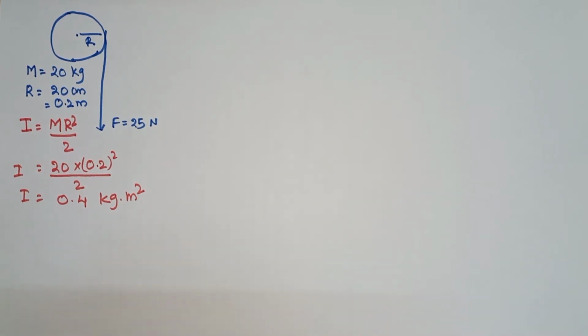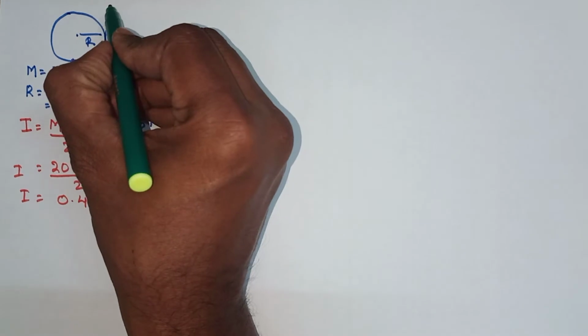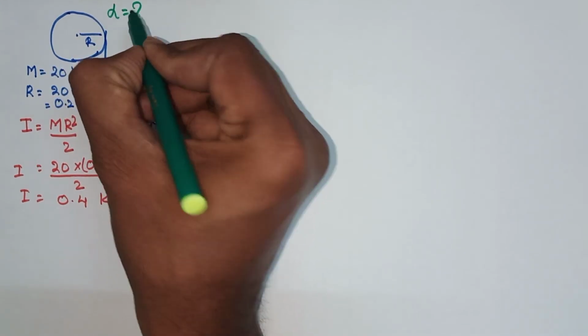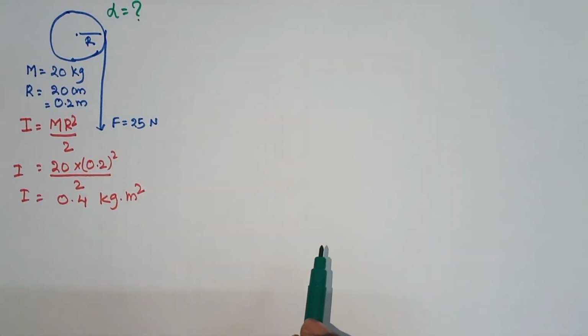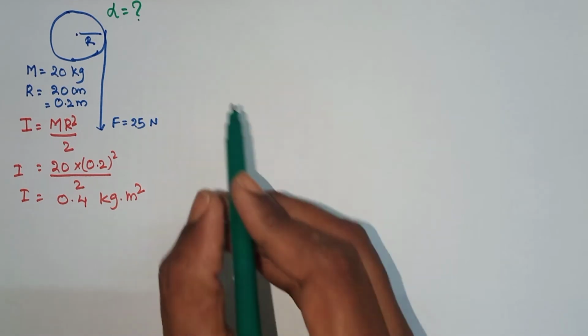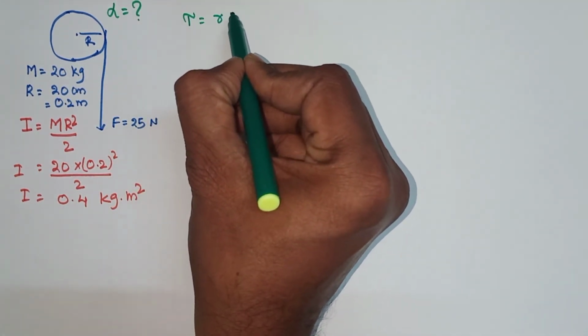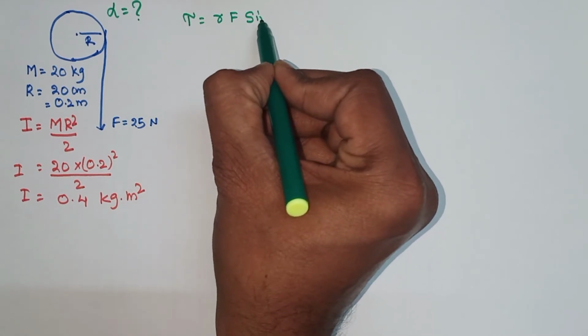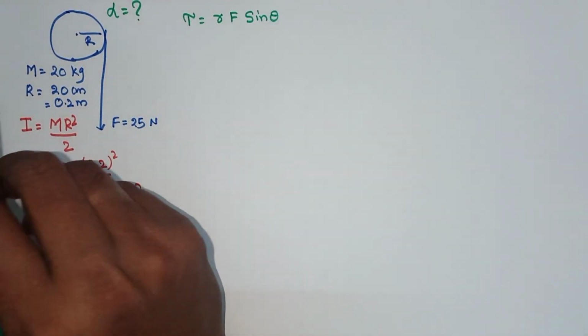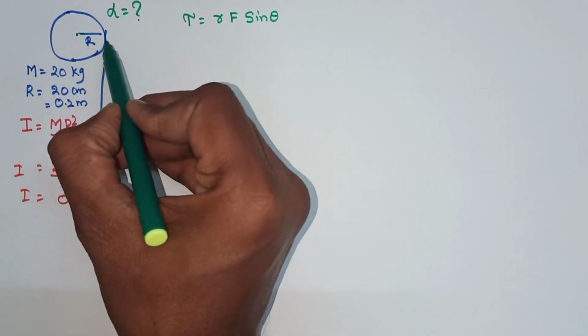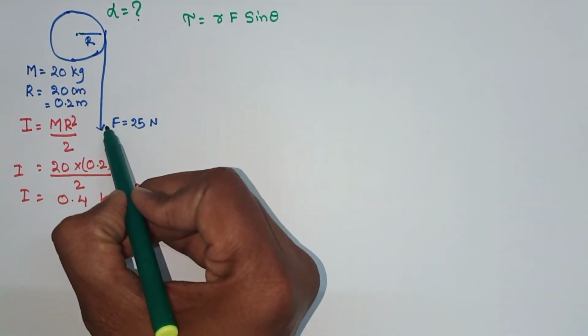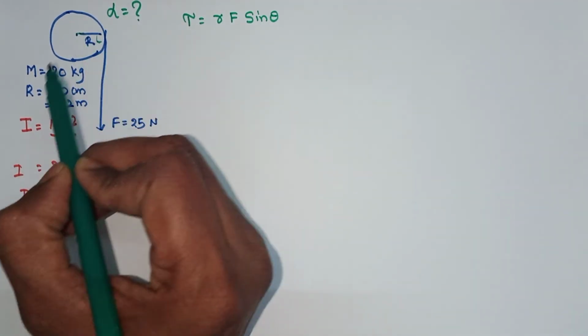First, what is asked? Alpha. What is alpha? We shall try to calculate torque. Torque is equal to R into F into sine theta. This is R, this is F. What is the angle? 90 degrees.